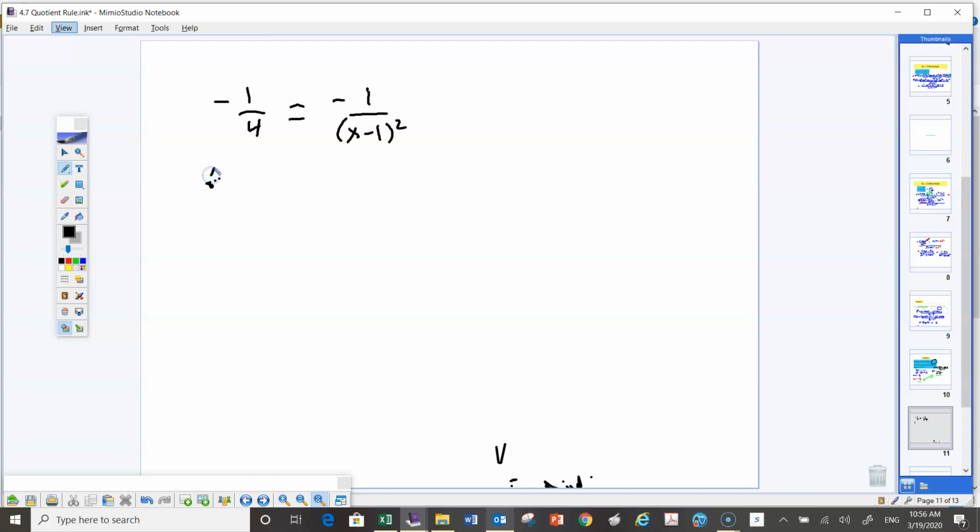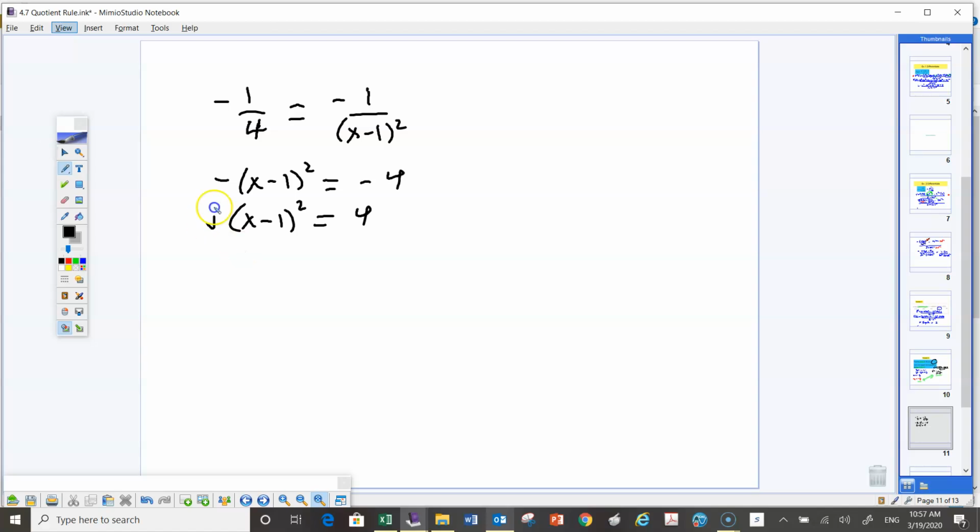If we cross multiply, we're going to end up getting the following. So if I cross multiply here, I'm going to get the negative of x minus 1 squared is equal to negative 4. Divide by negative 1, and I get x minus 1 squared is equal to 4. Again, you could either solve this by expanding the left-hand side and bringing the 4 over and solving a quadratic equation, or we could use the square root principle.